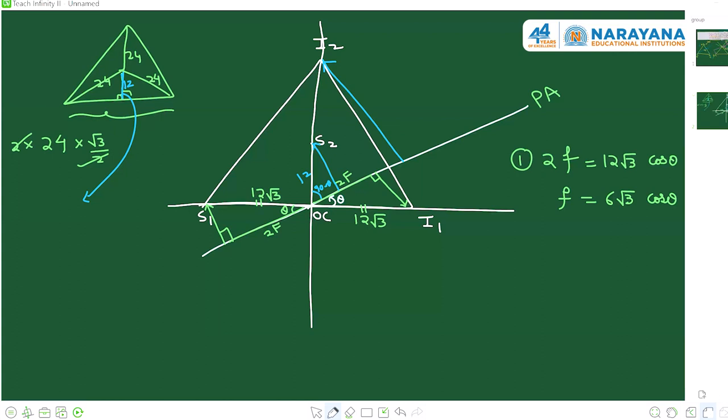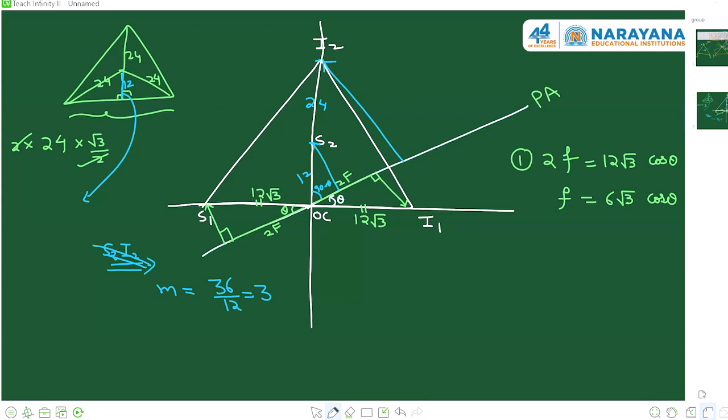In the S2I2 combination, if this distance is 12 and this is centroid to the edge, which is given as 24, I've drawn here, so this is 36. So for the S2I2 combination, the magnification m is 36 sine 90 minus theta upon 12 sine 90 minus theta. So I can directly say it is 36 upon 12. That magnification is coming out as 3.